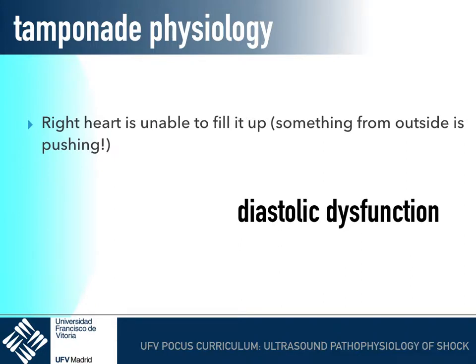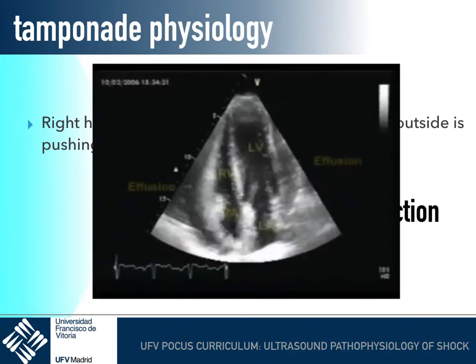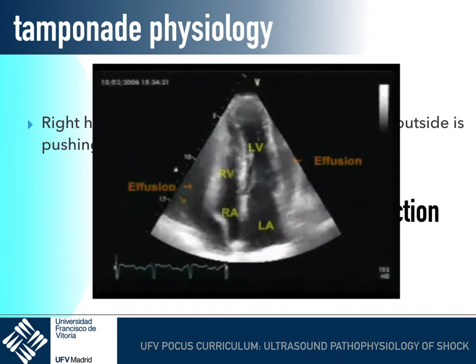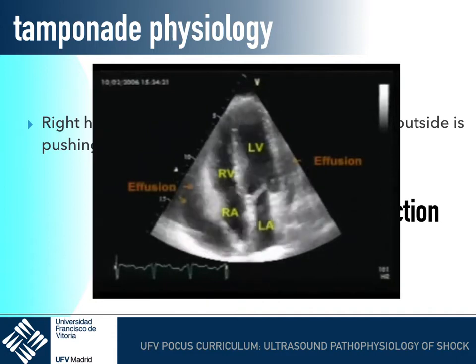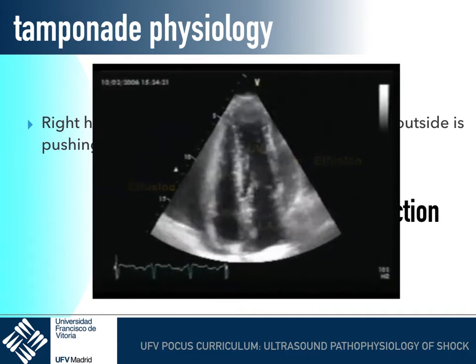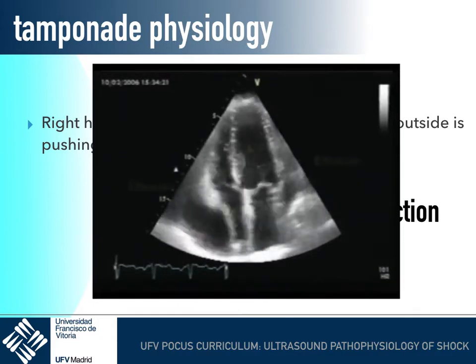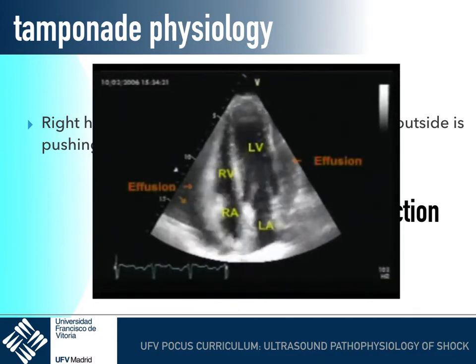The right ventricle is totally able to have a normal or normal-ish systole, but when it's time for the right ventricle to expand for diastole, it's unable to do so because there's more pressure outside than inside. And this apical four chambers view can give us an idea of what's going on here. When the right ventricle is trying to expand, there's an impending pressure outside.